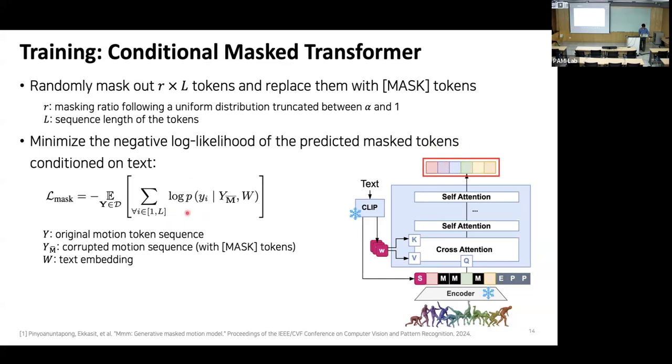And in here, Y is the original motion token sequence, Y_M is the masked motion sequence, and W is the text embeddings, which includes both the sentence-level text and also the word-level text.